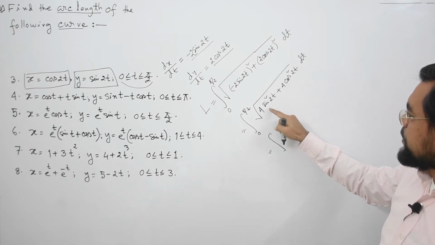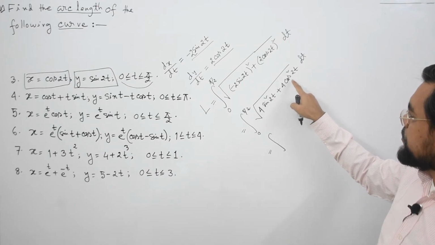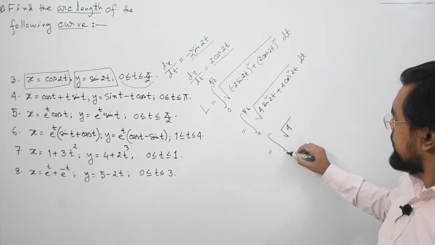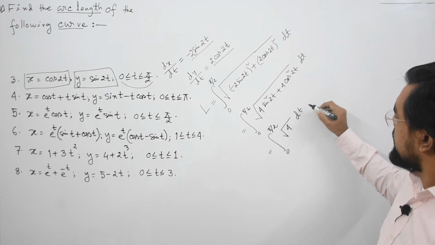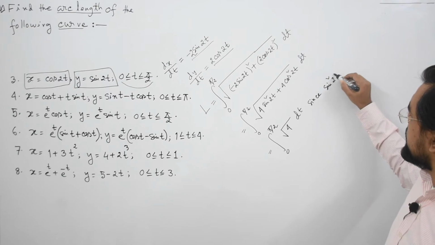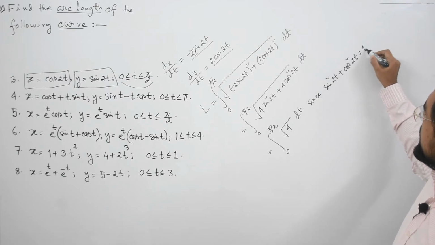If you take 4 out, then we have sin square 2t plus cos square 2t, which is 1. So we have root 4 integral from 0 to pi by 2 dt, since sin square 2t plus cosine square 2t equals 1.